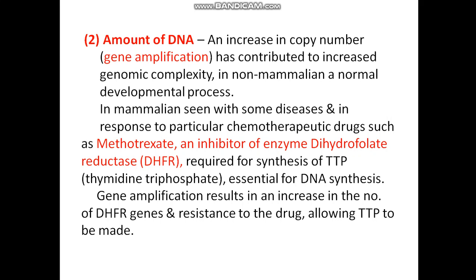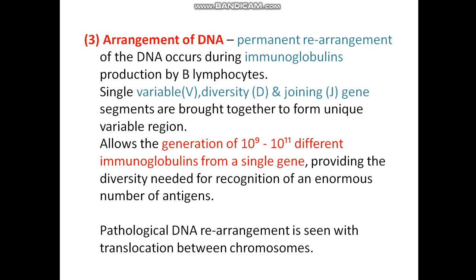Example, methotrexate, an inhibitor of the enzyme dihydrofolate reductase, which is required for the synthesis of thymidine triphosphate, which is essential for DNA synthesis. When a patient takes methotrexate, gene amplification takes place in the malignant cells, resulting in an increase in the number of DHFR genes and resistance to the drug, allowing TTP needs to be met.